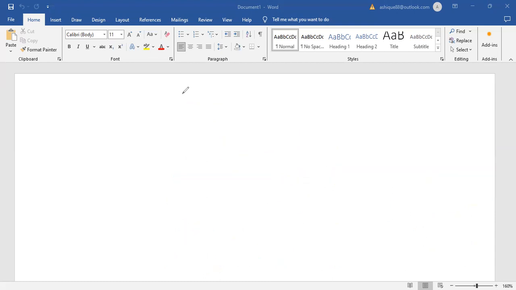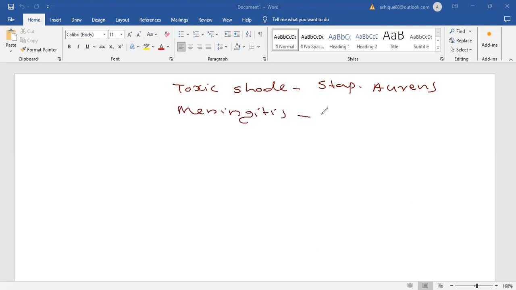Another disease, toxic shock, is caused by Staphylococcus aureus. Another disease, meningitis, is caused by Neisseria meningitidis.